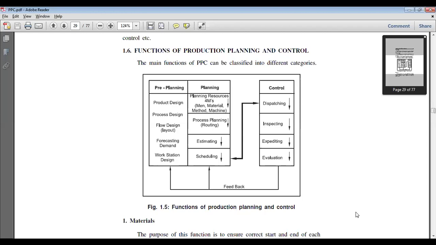Then when the product design and process design are done, the third is flow design: the layout of the manufacturing facility and the layout for the product. How the product will enter the manufacturing facility, how it will move out passing through the different stages, and also the flow of men, material, and machines.